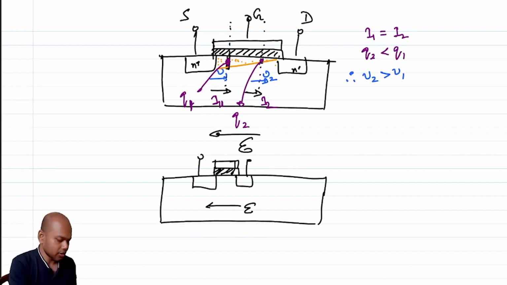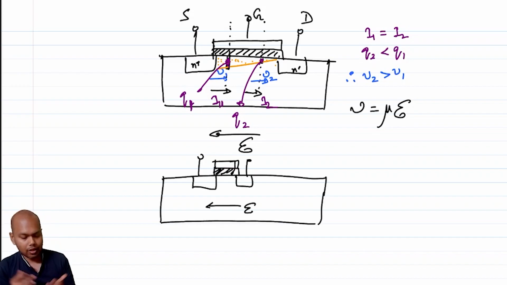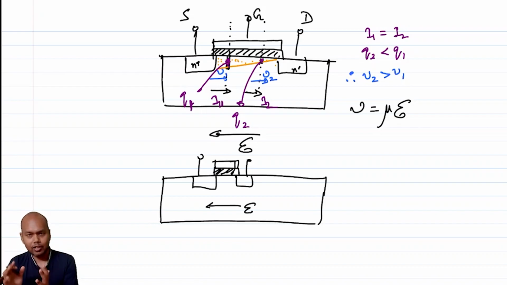Because ultimately velocity is what? I know that V is equal to mu times the electric field, right? So mu is the mobility of the electron, which, if we assume it's proportionally constant, then all we have to understand is that if the electric field has reached a saturation value, then the velocity has also reached a saturation value.